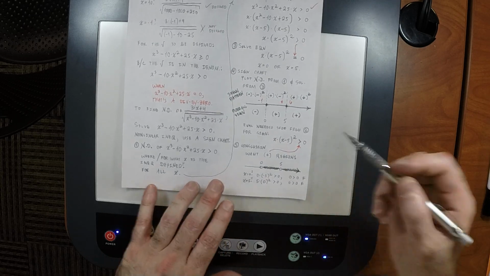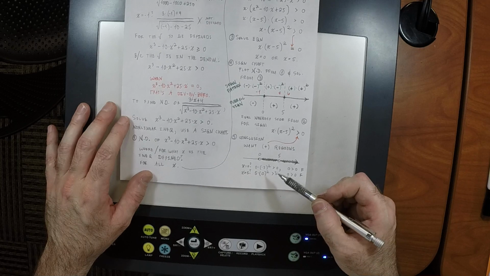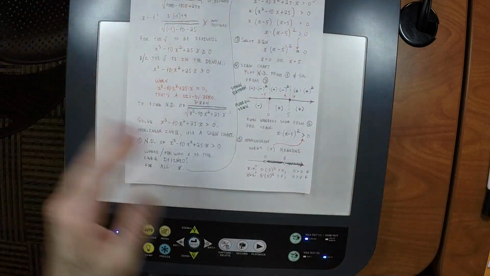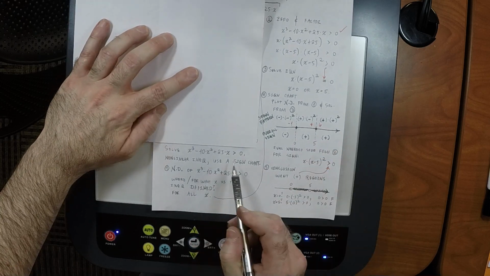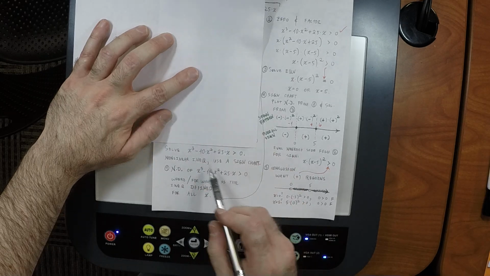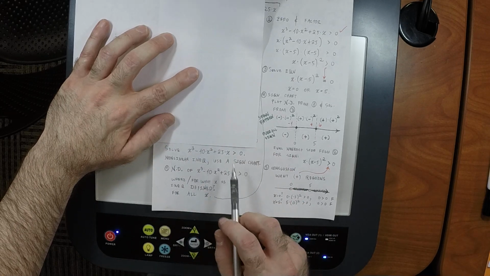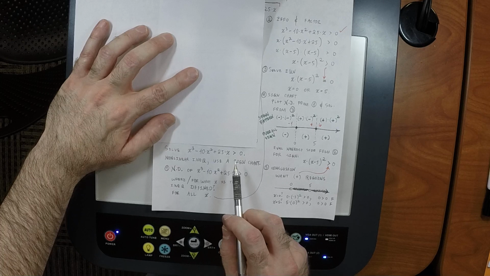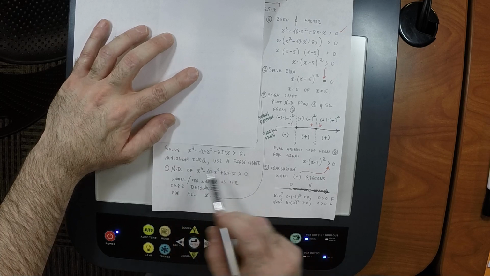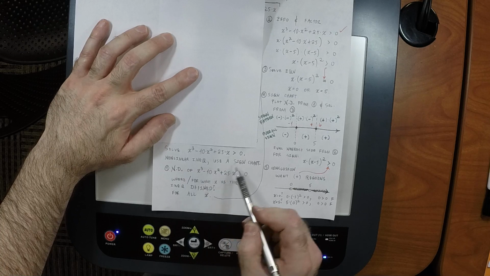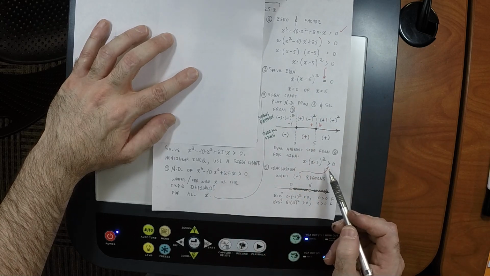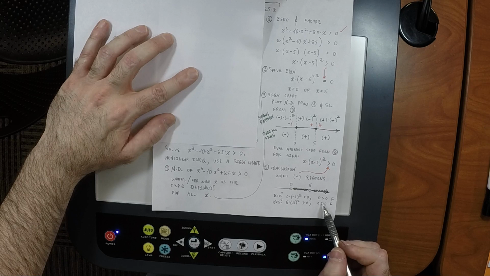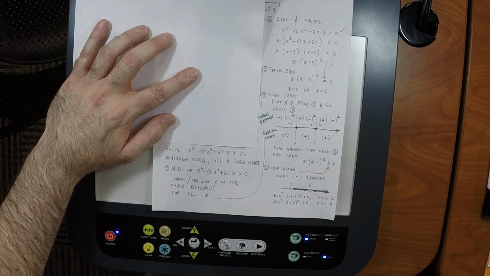Now, ignoring this, if the question started right here, if none of that stuff was there, how could we make it to where we actually would want 0 and 5? Yeah, we change that to greater or equal. And then we'd have greater or equal all the way down to right there. And then that would say 0 greater or equal 0. And then we would want those points, right? Okay.